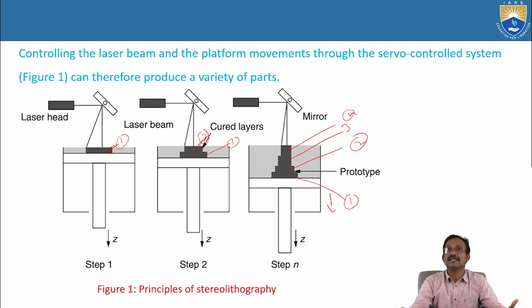So it has taken the input from the CAD. From the CAD the slice will be generated, and that slice will be the input to the profile of the latest layer every time in this process. Every time one layer is curing, and every time that layer we have to get from the slices. That's what we have discussed.